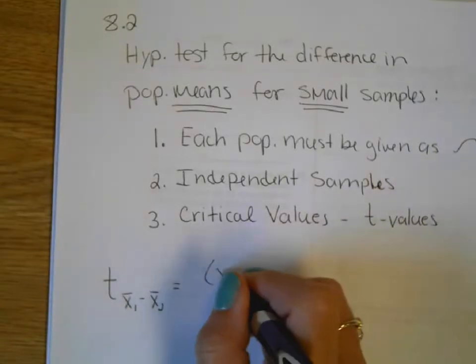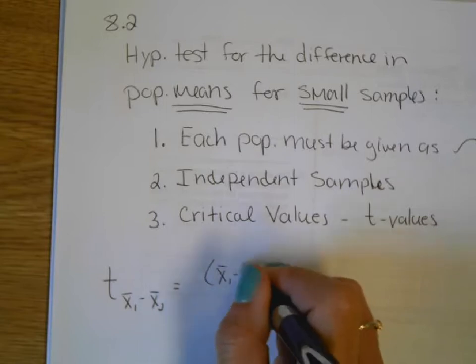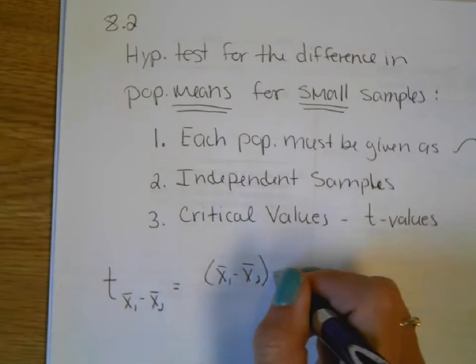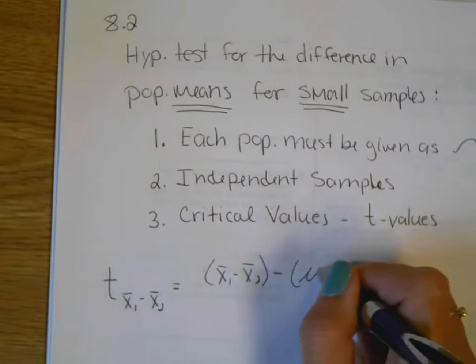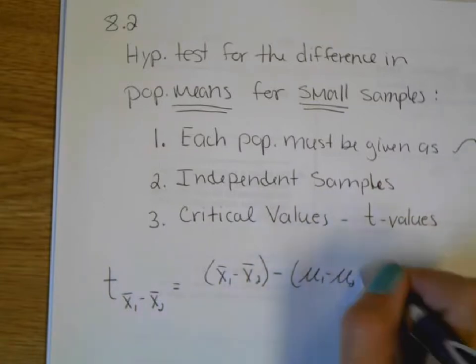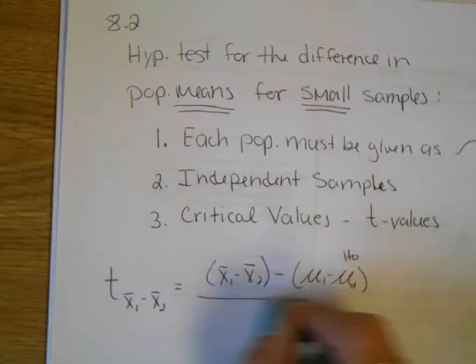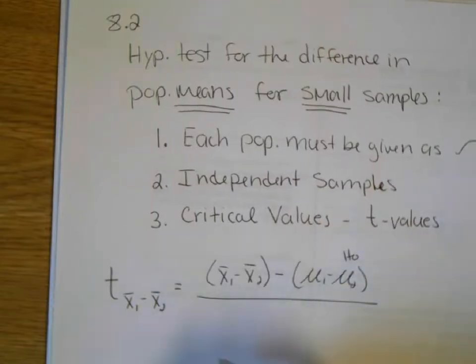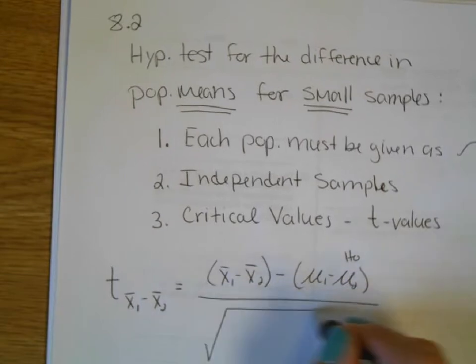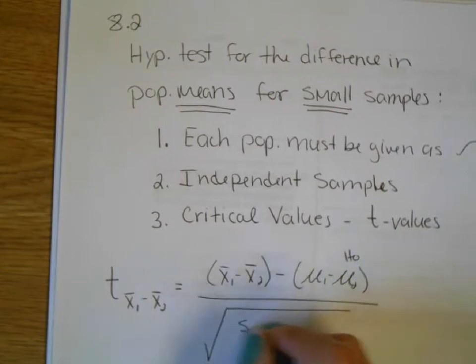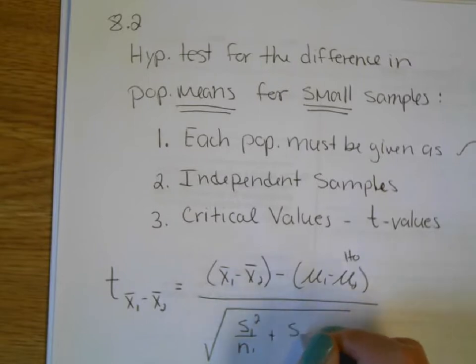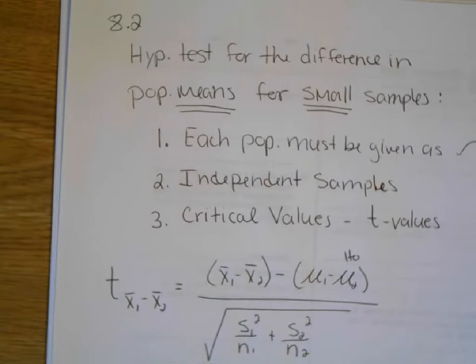So you take your difference in the sample mean, subtract the difference in the population mean, coming from the whole, divide by, well, it's just like yesterday, S1 squared over N1, plus S2 squared over N2.